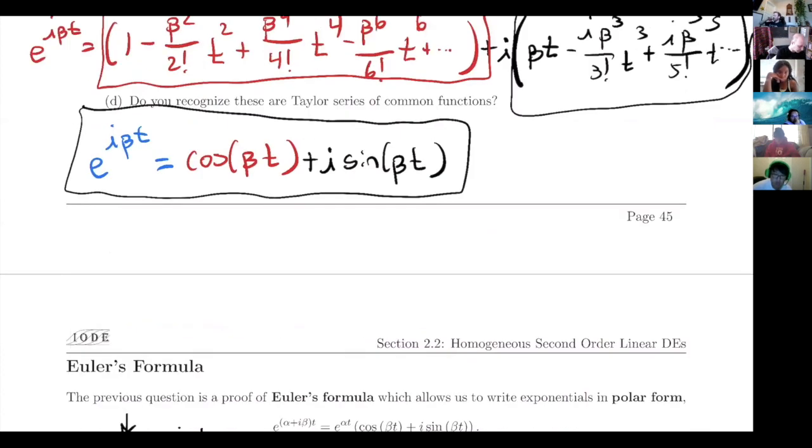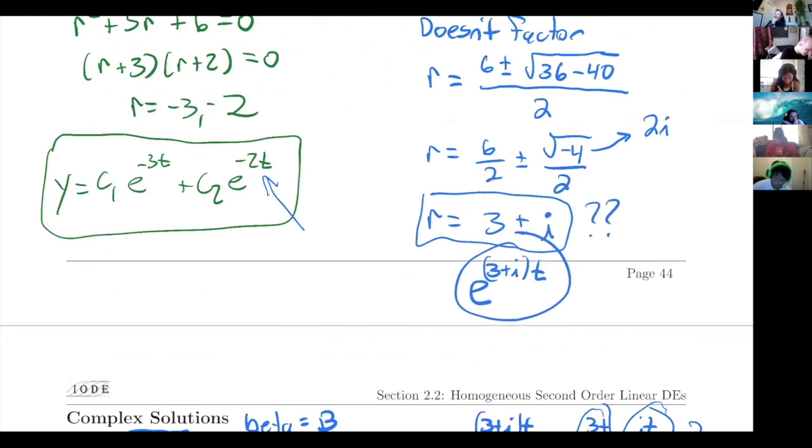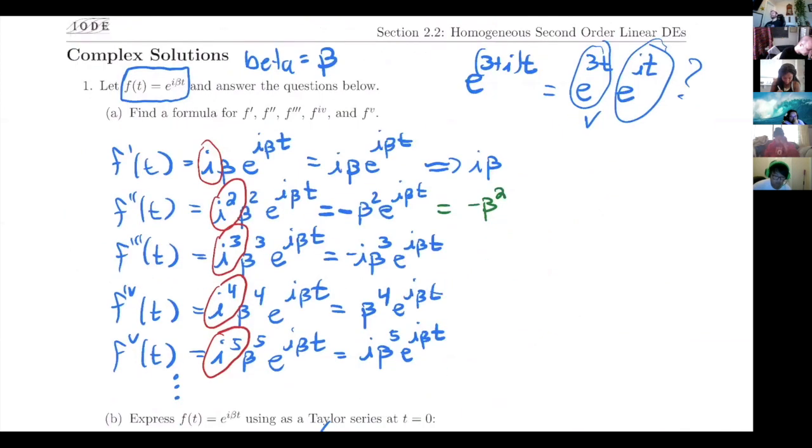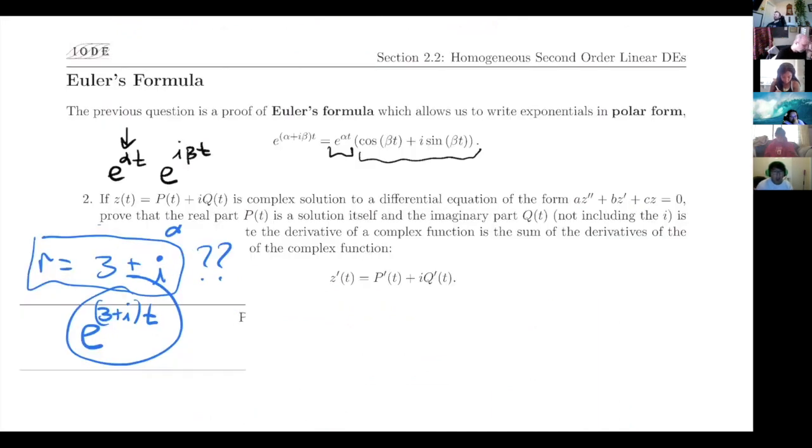Okay, so just to back up, when we were working with the differential equation where we had complex roots, we had something like this as our root.